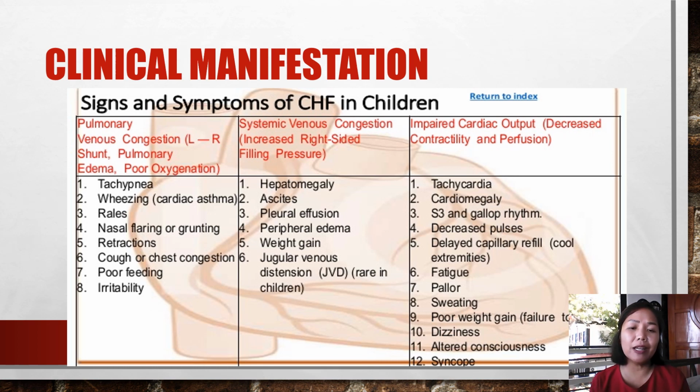Those with right-sided obstruction or increased right-sided filling pressure may present with right-sided heart failure such as hepatomegaly, ascites, pleural effusion, peripheral edema, weight gain, jugular venous distension. And those with impaired cardiac output, for example patients with myocarditis, may present with tachycardia, cardiomegaly, gallop rhythm, decreased pulses, delayed capillary refill, and so on.